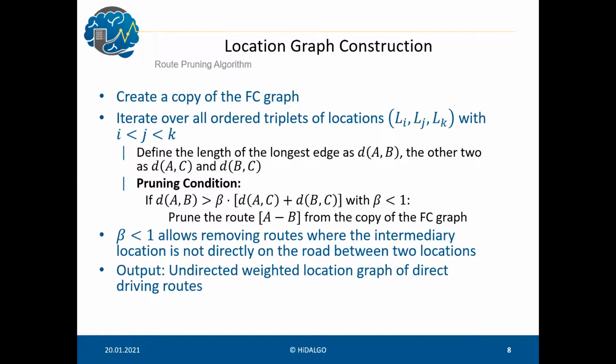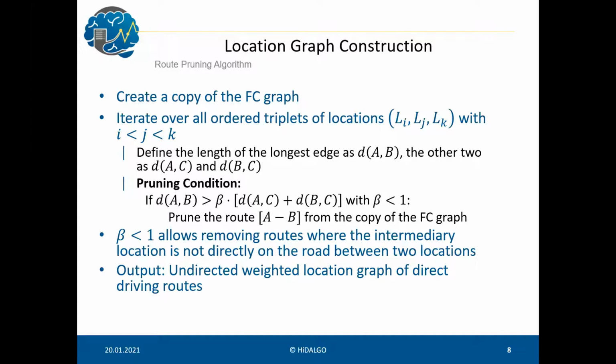And with this beta being smaller than 1, this allows us some flexibility with the triangle inequality. Because in most cases, it would happen that the distance between two locations is smaller than the sum of the distances of the two shorter sides. But when we have a situation where we go from, let's say, to stick with the example, from location A to B, and location C is between those two, but because the locations are given with GPS coordinates, we are not driving directly by the given coordinate of the intermediary location, but we are driving through the location within its city boundaries.